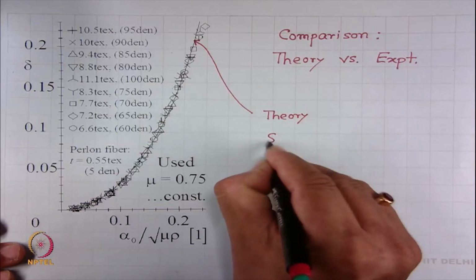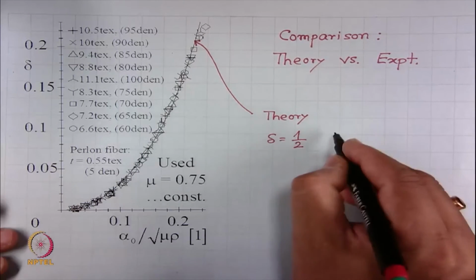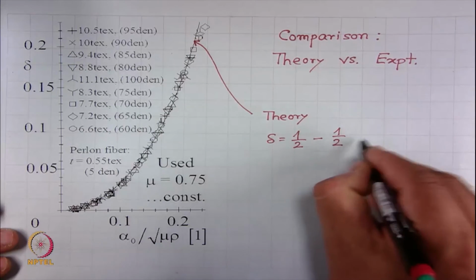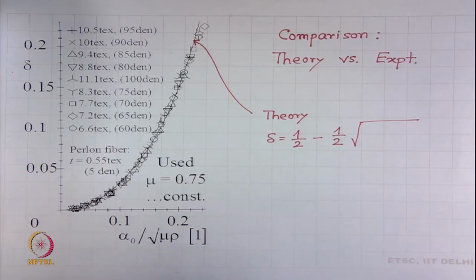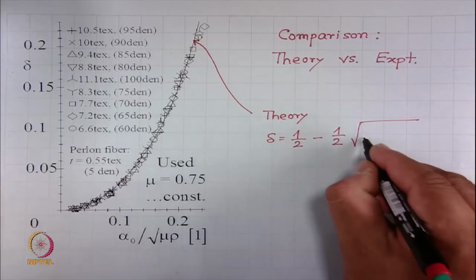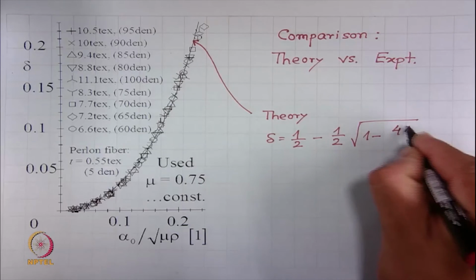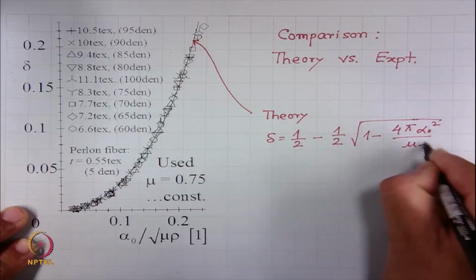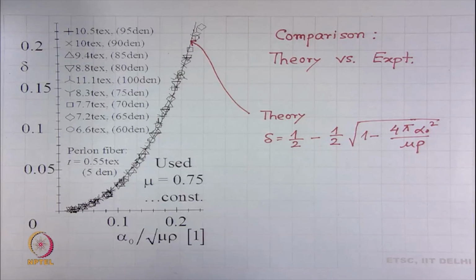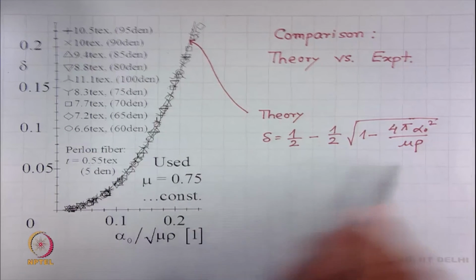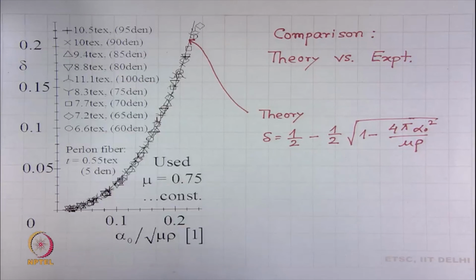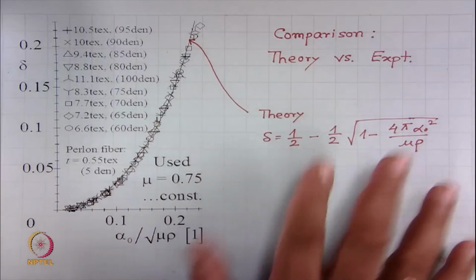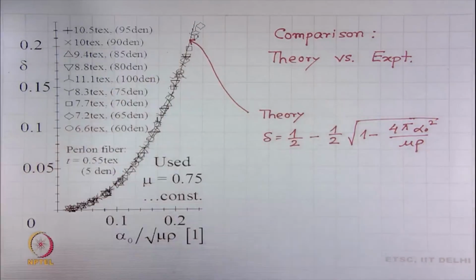What is this line? You have just now derived it: root over 1 minus 4 pi alpha square by mu into rho, right. So, this line is the theoretical line, and compared with all of the experimental results, what we see is that throughout this region, this theory explains the experimental results quite well.